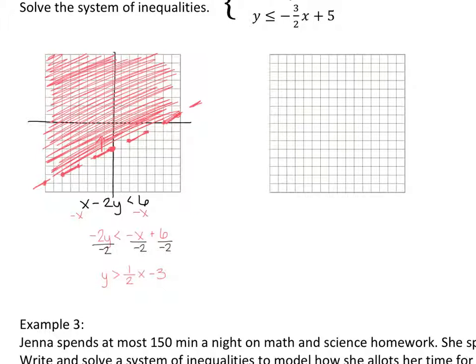The next inequality already has the y isolated, so we don't have to do that. So that's nice. So make your axes for that one. Where do we start our graph for this one?